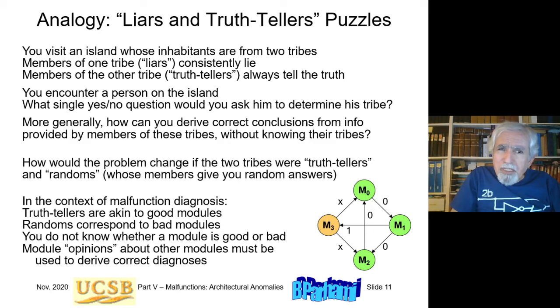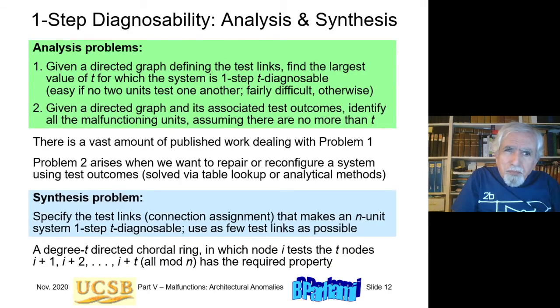One tribe consists of liars, and another tribe consists of truth tellers. And the challenge is determining, by talking to these people, which ones are truth tellers and which ones are liars. Okay, so I won't say more about this. So that's why the problem is challenging.